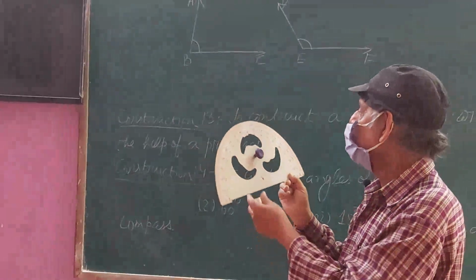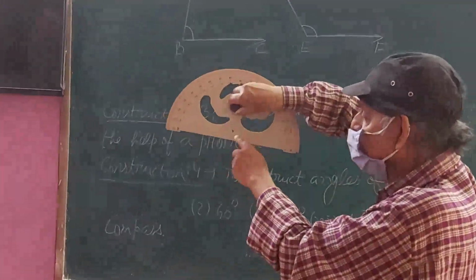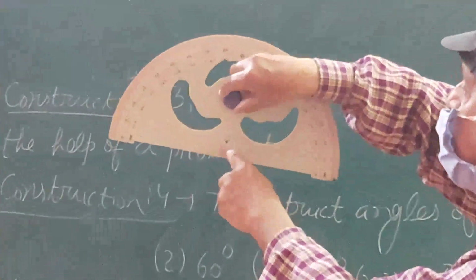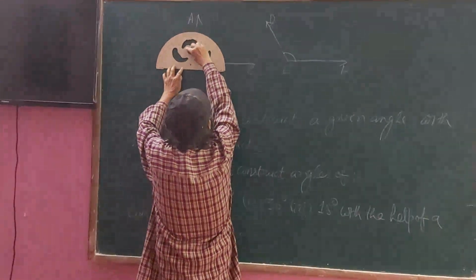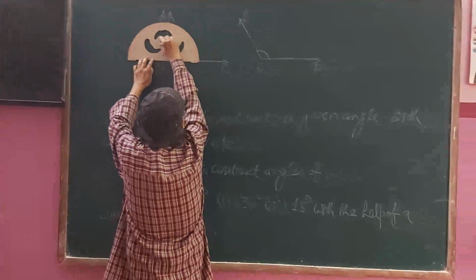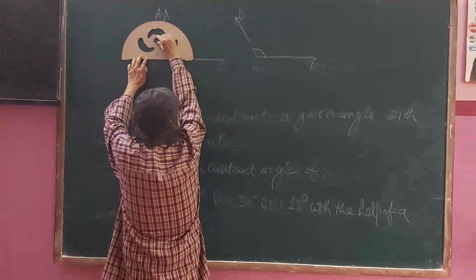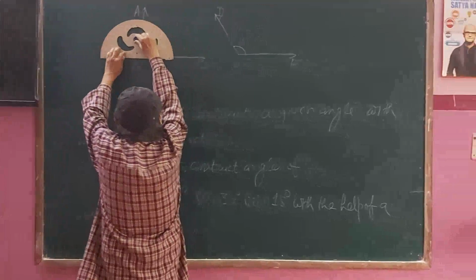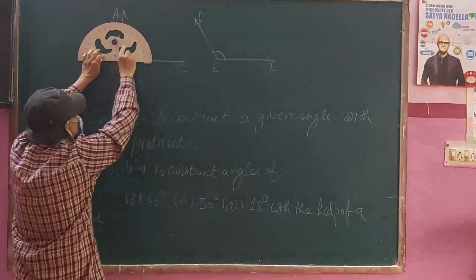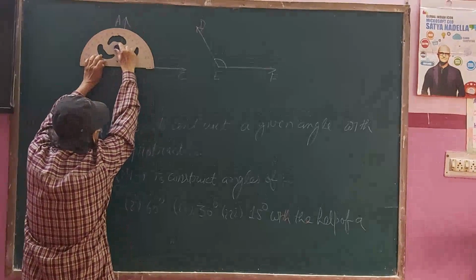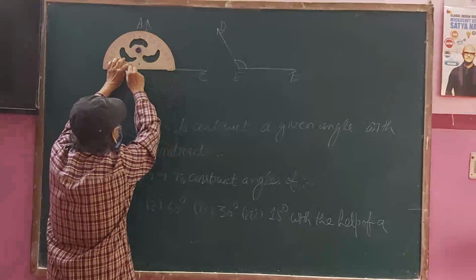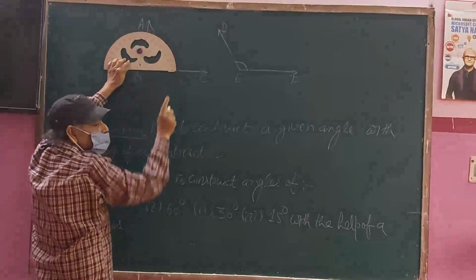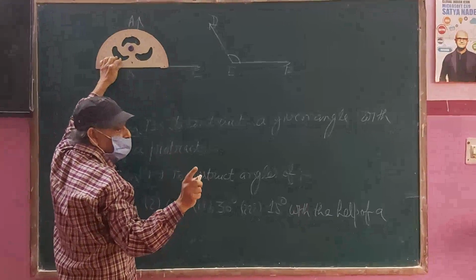So what you have to do? You have to align this with your B. This arrow mark should fall on the tip of B and this should be along this 180 line. See, then you go there. This is right, this is an acute angle. Two scales are there.